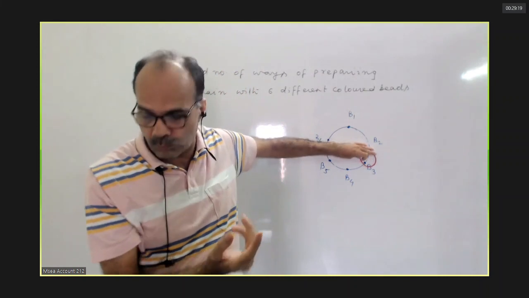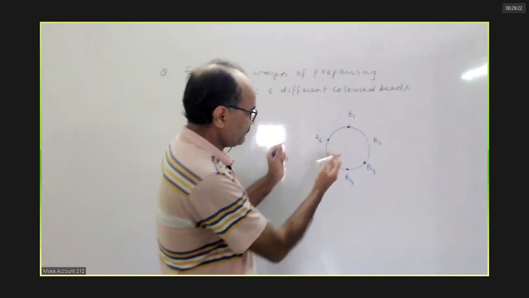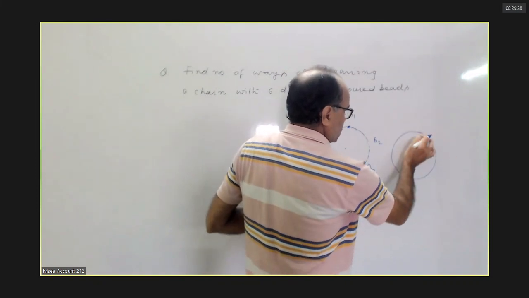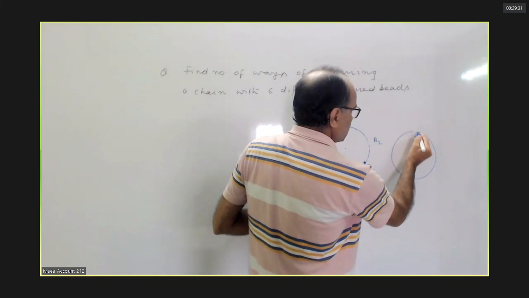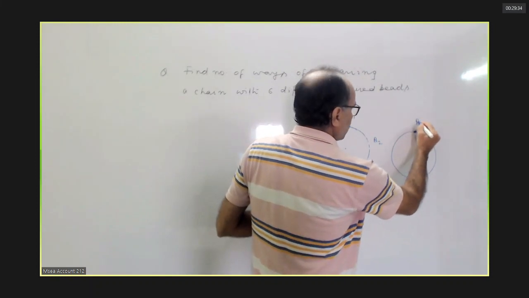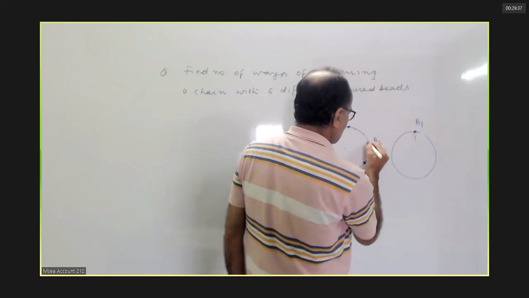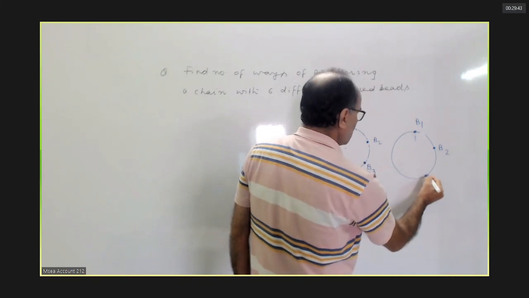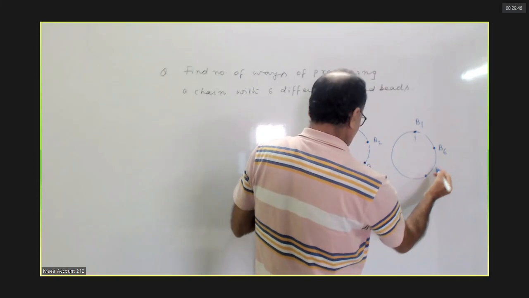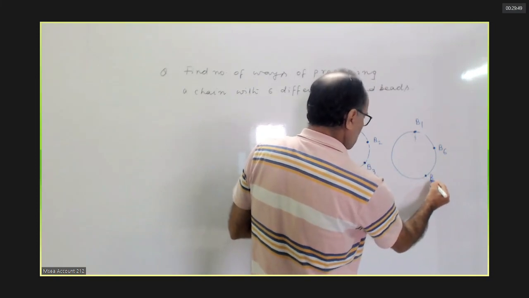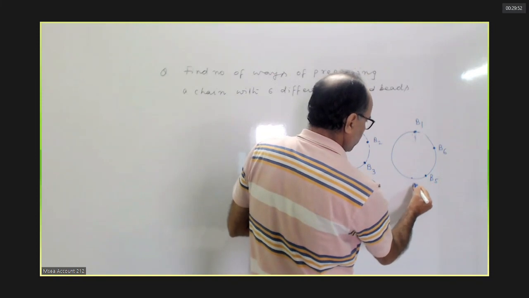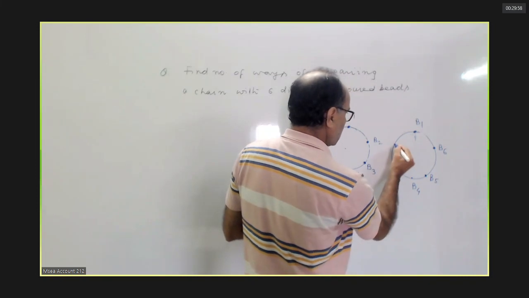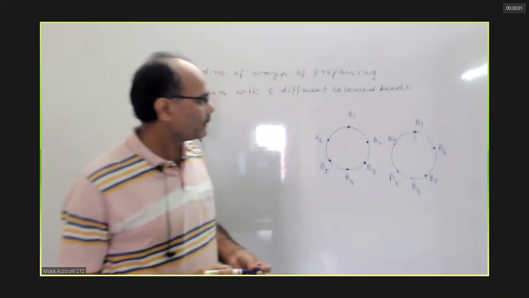That is a different circular arrangement. If you flip it, it will be B1, B2 will be B6, B4, B5, B4 remains the same, will be B3, will be B2. You understood?